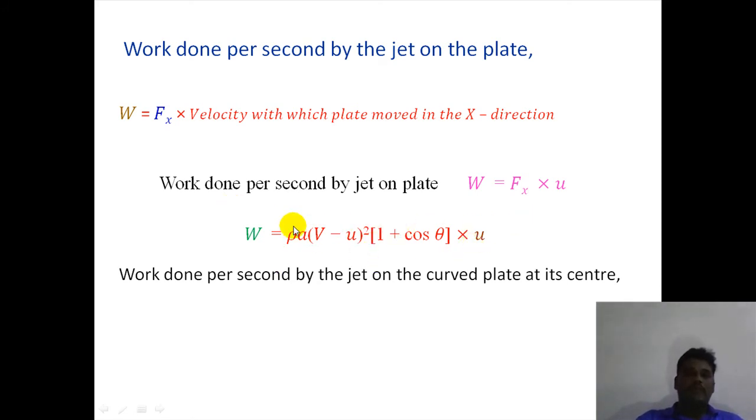So the work done per second by the jet of water striking at the center is W equals rho a u (v minus u) whole square (1 plus cos theta).